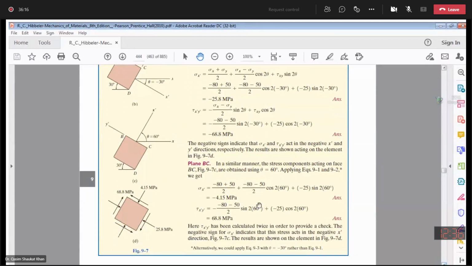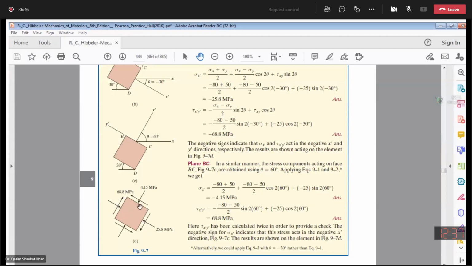At the end, we have to show our values of the normal and the shear stress for both cases, for both theta minus 30 degrees and theta 60 degrees. For both these cases, we have to show the direction and orientation of the normal stresses and the shear stresses.